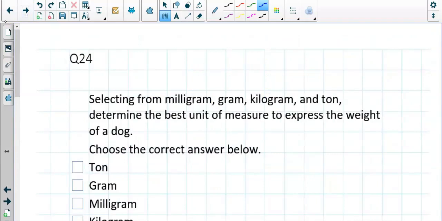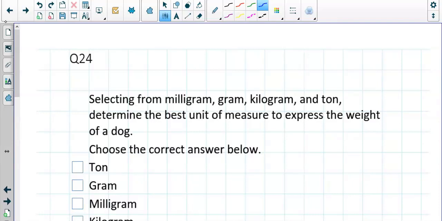Okay, so again, selecting from milligram, gram, kilogram, and ton, determine the best unit of measure to express the weight of a dog. Okay, so if I have a dog that weighs a ton, that's a big dog. I'd be worried, and yeah, that's craziness.